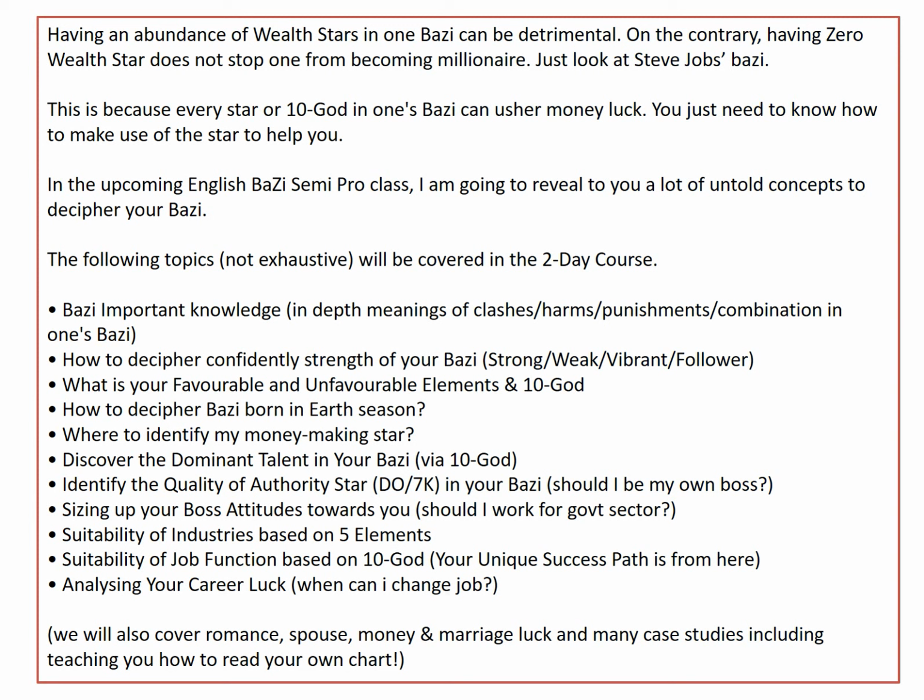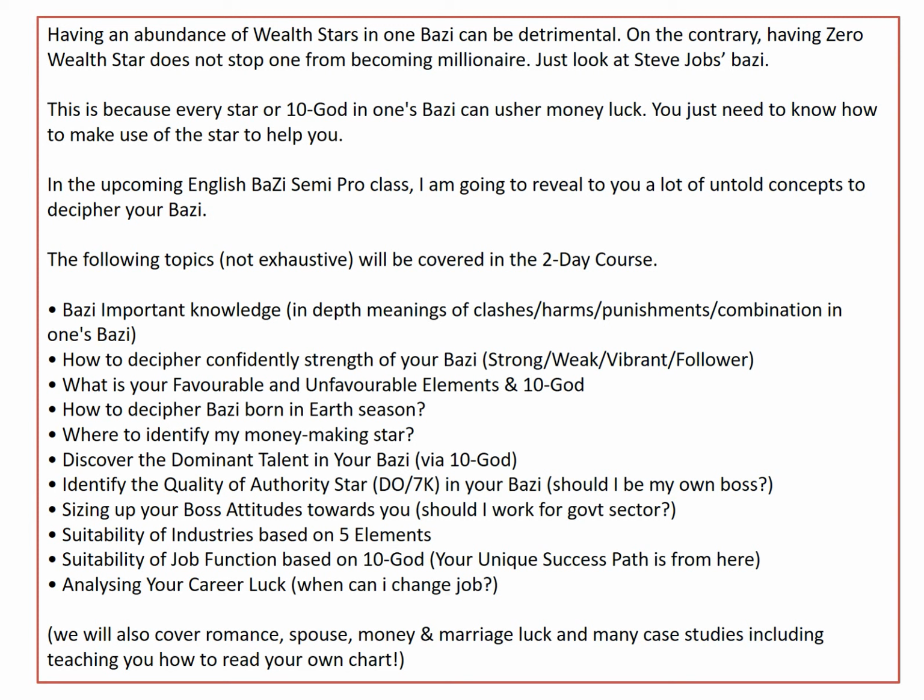Not only are we covering the career aspect, we are looking, of course, at your marriage luck, marriage quality, boyfriend quality, husband quality, and money luck. And the most important thing is that what makes a person rich is not exactly the wealth star, literally. Many millionaires that I have worked with and served get rich because of other stars.